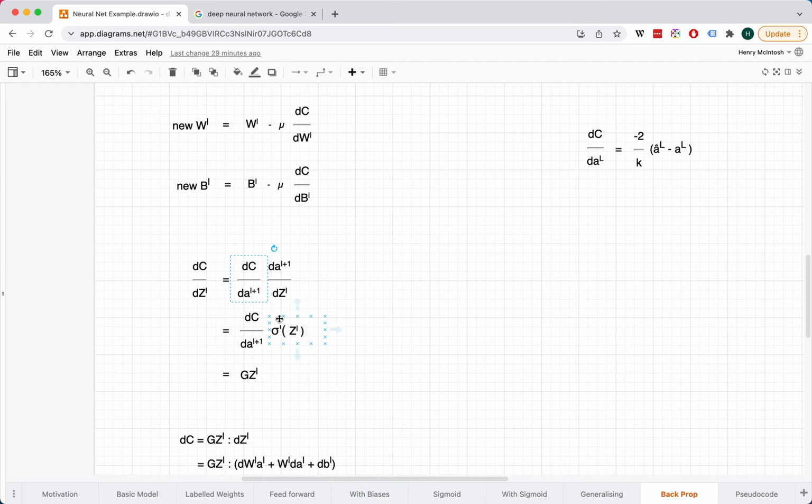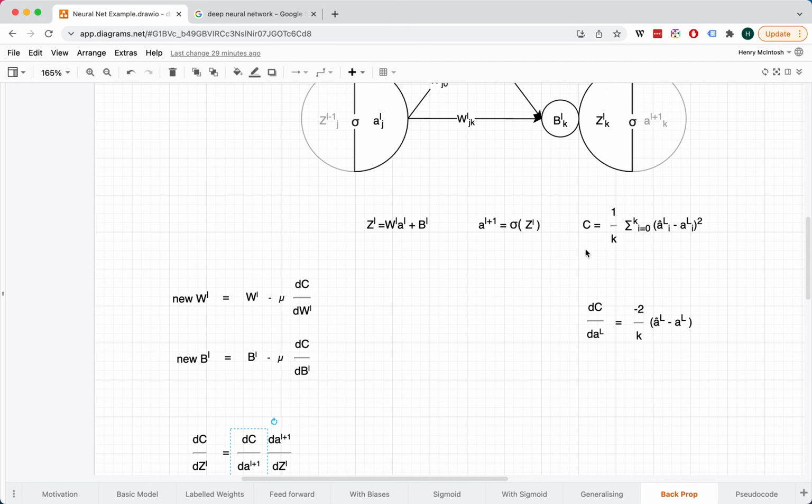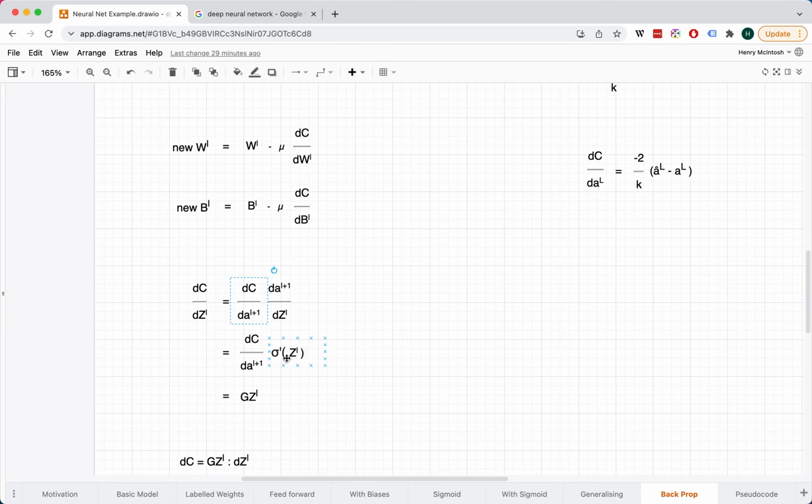The derivative of A L plus 1 with respect to Z of L is just sigmoid prime of Z of L, and that turns out to be quite easy to calculate. That's just sigmoid times 1 minus sigmoid, I think.